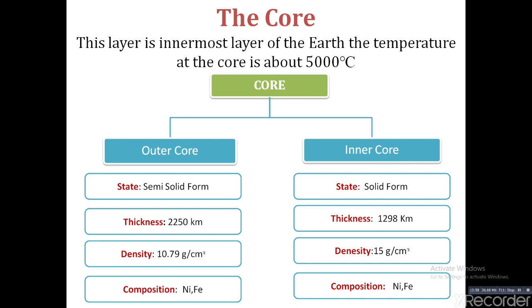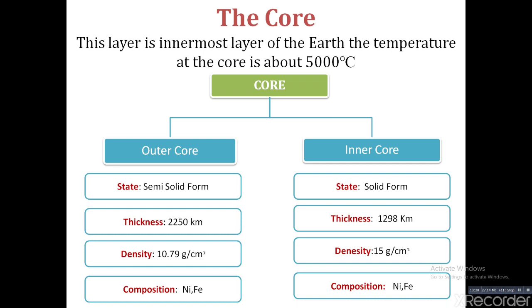In the outer core, the rocks are in semi-solid form, and the thickness of this layer is about 2250 kilometers. The density of the rocks in this layer is 10.79 grams per cubic centimeter, and the composition of the rocks contains minerals like nickel and iron.